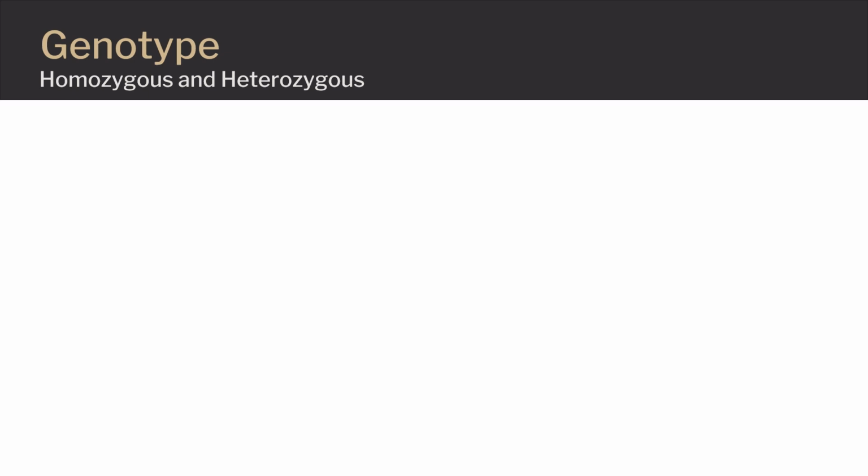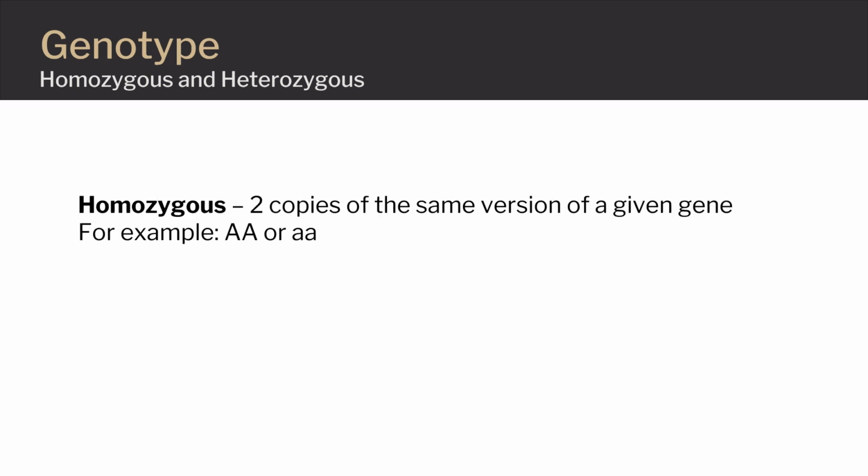Genotypes can be homozygous or heterozygous. A homozygous genotype means that the person inherited the same version of that particular gene, that same allele, from both parents. In our example, if one inherits a capital A from mom and a capital A from dad, the genotype will be capital A, capital A. Since they are the same, it is a homozygous genotype.